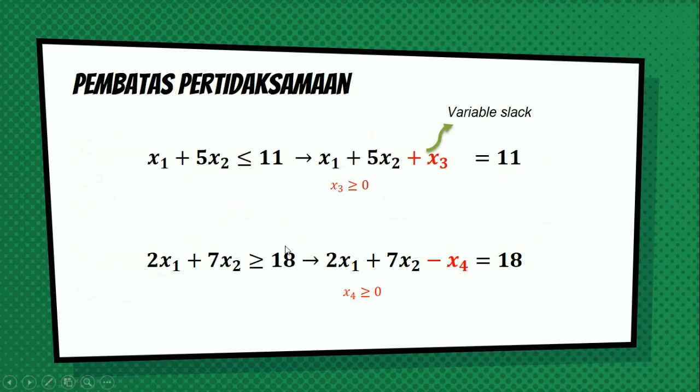Okay, so this example is not yet in standard canonic form because it is still an inequality. If we want to change this, we change it to become equal, but if it becomes equal, we need another variable called slack.